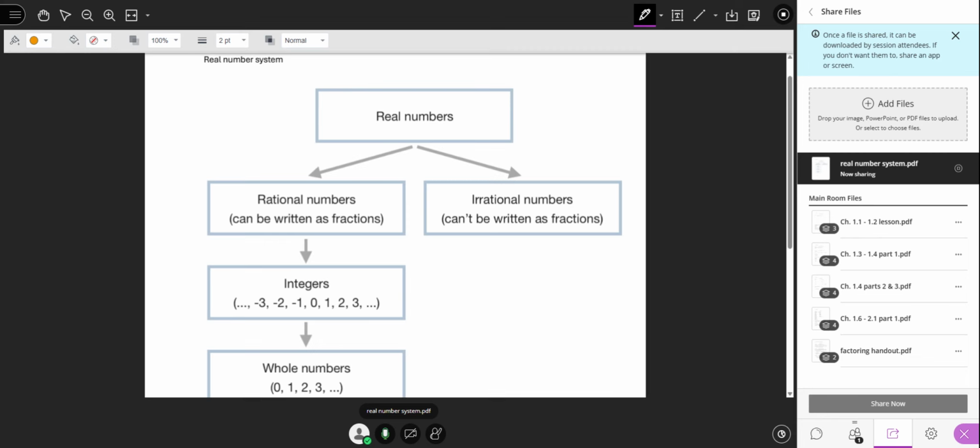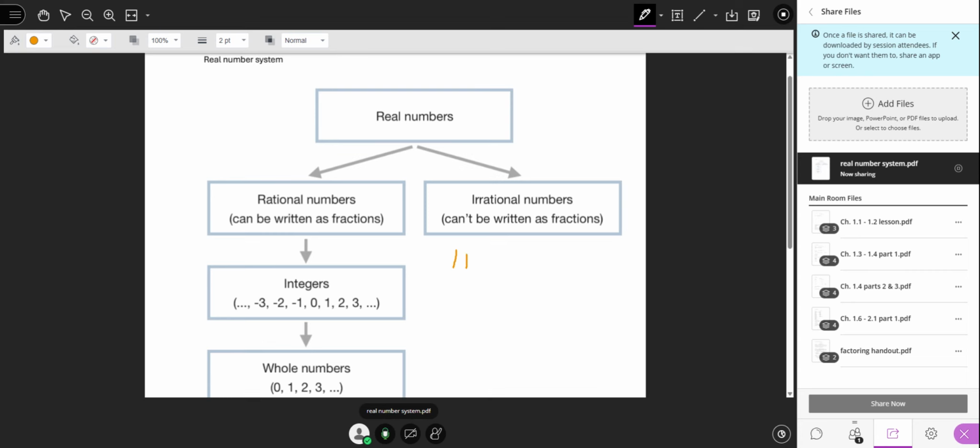Now, real numbers is split into rational numbers and irrational numbers. And irrational numbers is a category all its own, and it's numbers that can never be written as fractions.